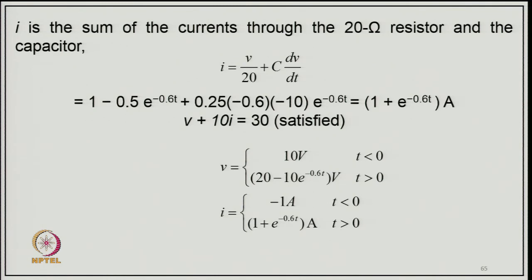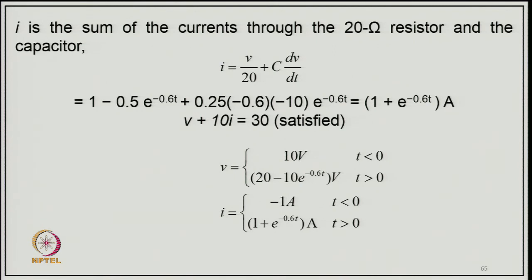So i equals v upon 20 plus C dv/dt, which equals 1 minus 0.5 e to the power minus 0.6 t plus 0.25 into minus 0.6 into minus 10 e to the power minus 0.6 t, and that becomes 1 plus e to the power minus 0.6 t.